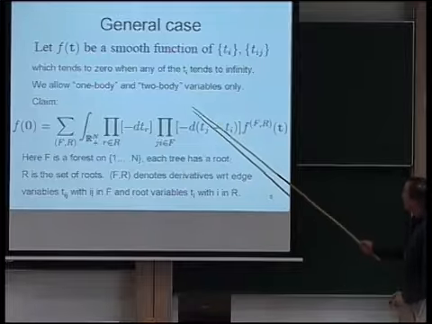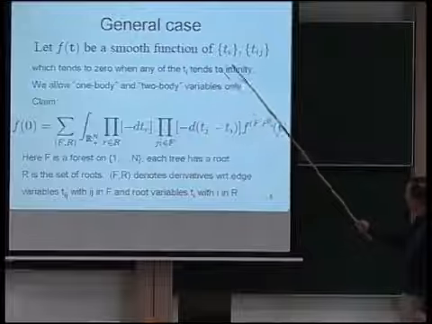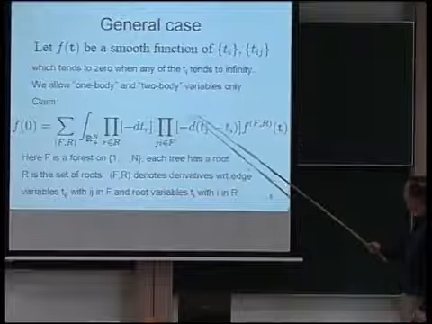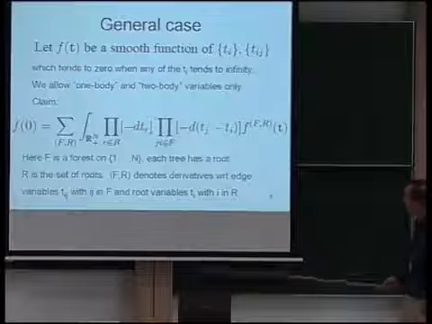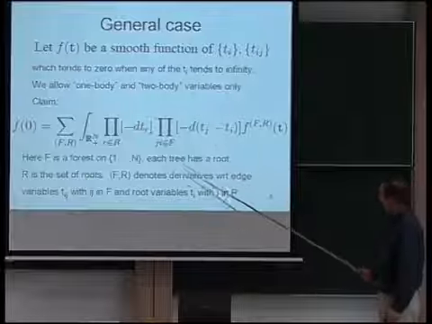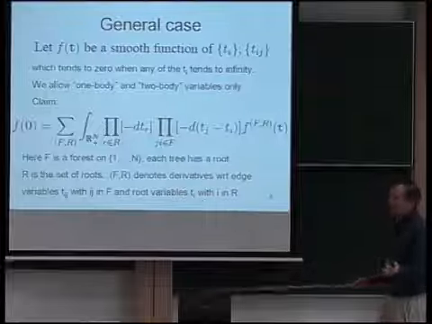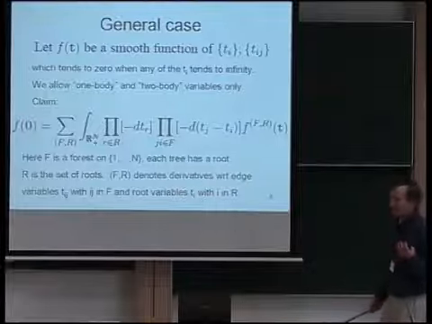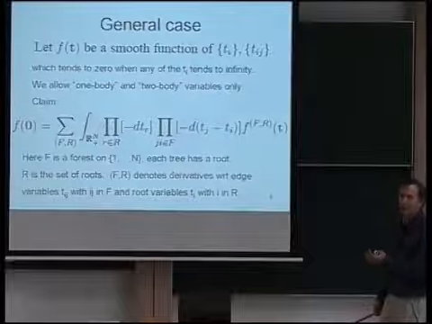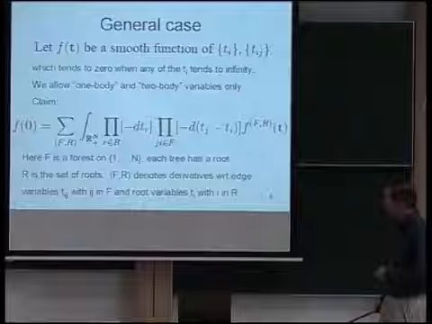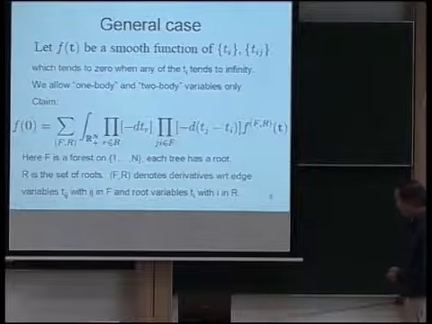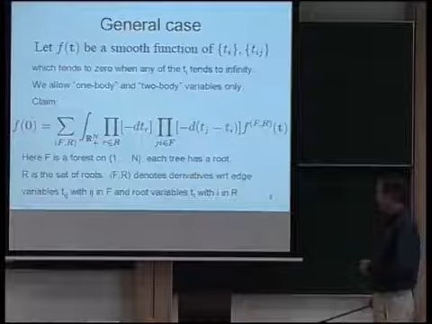By the way, I should have mentioned that naturally this function had better go to 0 at infinity, otherwise even the formula on the first slide isn't going to be true. Of course, you could have a generalization of this where you had a boundary value on the other end of the integration, but I'm not choosing to discuss that.